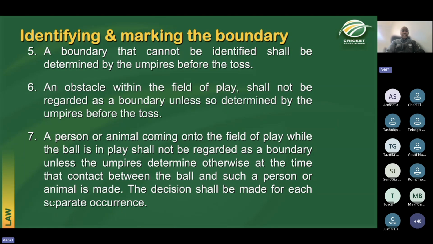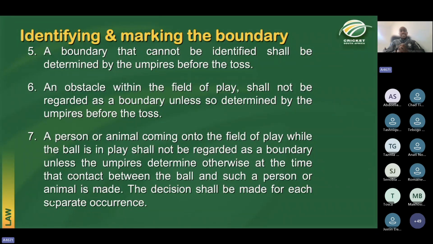Law tells us that a person or animal coming onto the field of play while the ball is in play shall not be regarded as a boundary unless the umpires determine otherwise at the time that contact between the ball and such an unauthorized person or animal is made. The decision shall be made separately for each separate occurrence.